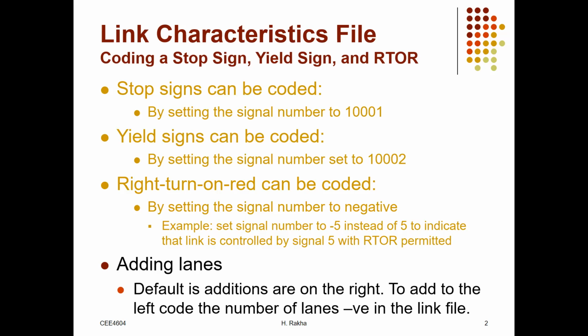However, let's say you want to add a lane to the left because you have a left turn pocket lane, then what you do is you code the number of lanes on that specific link as being negative. So instead of making it 3 lanes, you're going to make it -3 lanes. And integration recognizes that with -3 lanes, I'm going to add that lane to the left as opposed to the right. So it would be a left turn pocket lane, for example.